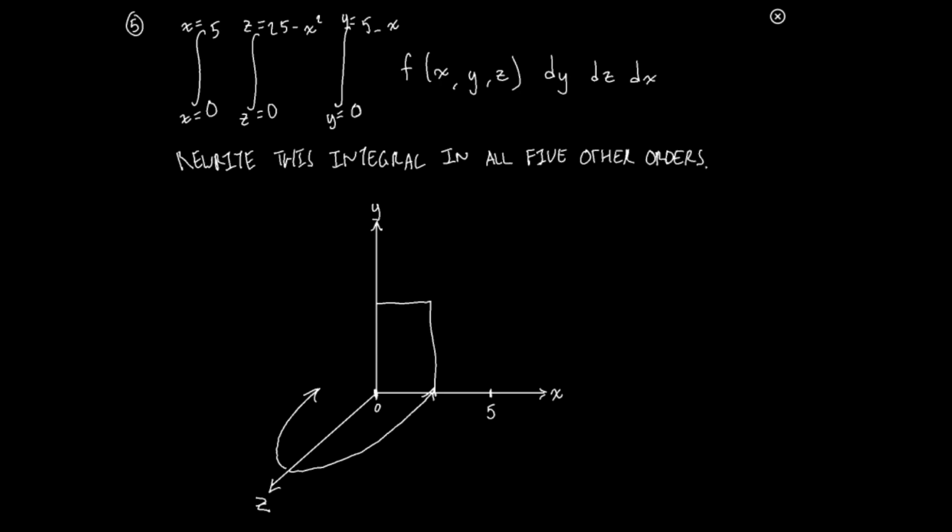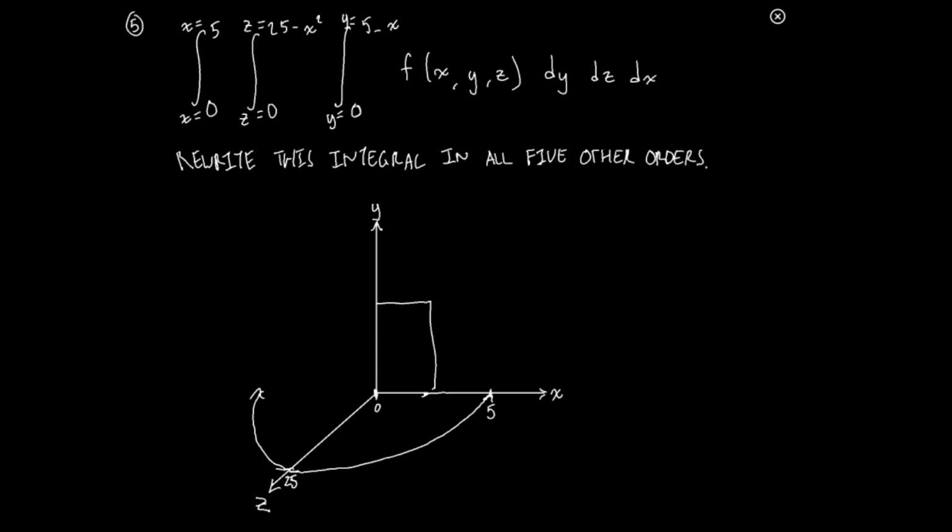So let's redraw this parabola to match that. We'll say this intersection out here is all the way out at, well, if x equals 0, then z equals 25. So this is out here at 25.